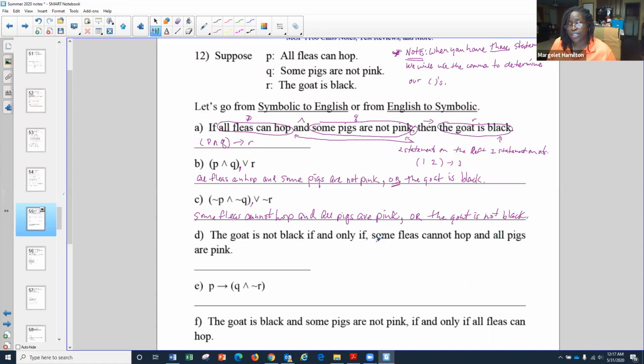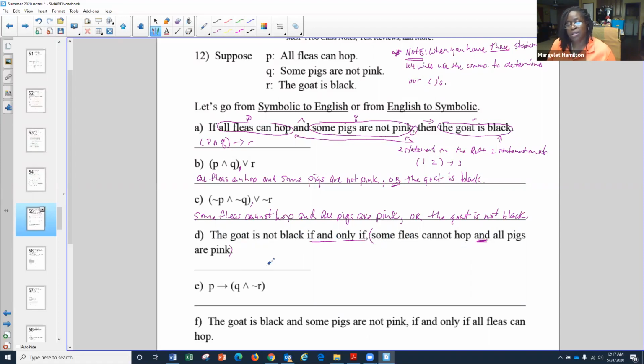So you see that these two statements here are being held together by this "and," all right? And then look at the structure now. It says the goat is not black if and only if, then these two things.